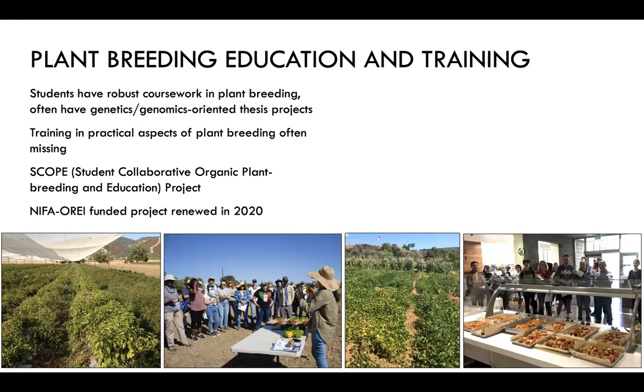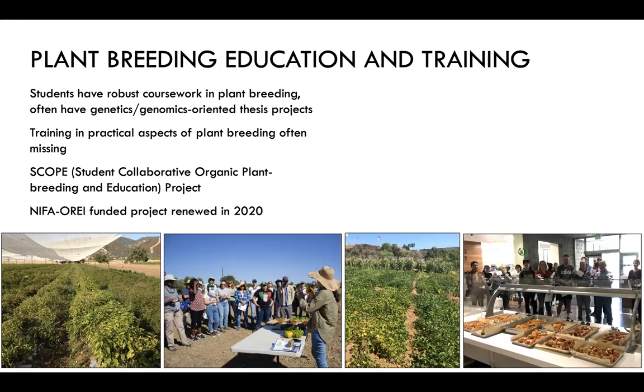But nevertheless, theoretical knowledge of breeding and of the new technologies, especially if thesis projects are oriented around those technologies, is generally pretty good. And certainly that's the case at Davis. But the training in practical aspects often is missing, even in programs where a practical breeding program is part of the overall program. Students don't necessarily get involved in the actual hands-on day-to-day activities.